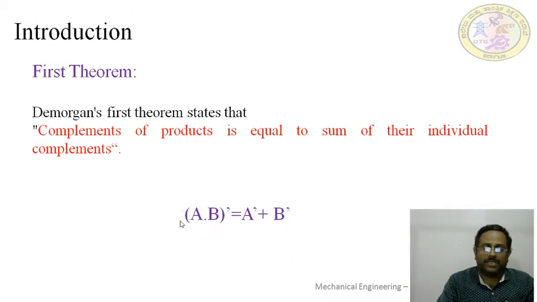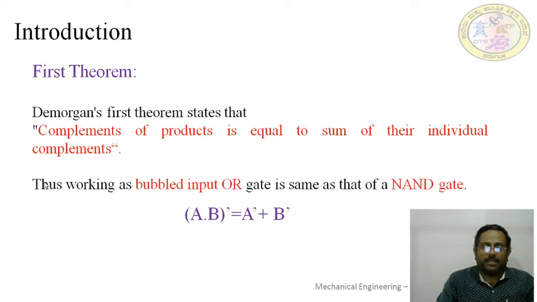The circuit can be constructed by using a NAND gate and a negative OR gate. Thus, a bubbled input OR gate works the same as a NAND gate. That is, the NAND gate represents LHS, and the bubbled input OR gate represents RHS. The output of both the NAND gate and the bubbled input OR gate should be the same.